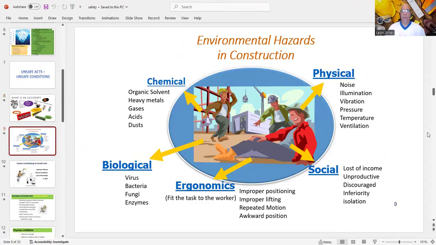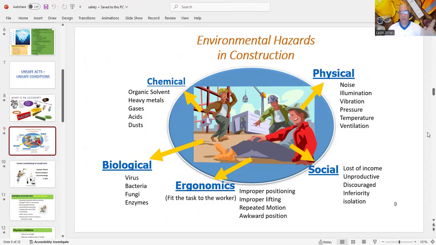Now, environmental hazards in construction. This is big. You have your chemical hazards, which under chemical, you have your organic solvents, your heavy materials, gases, acids, dusts. And under biological, you have your virus, bacteria, fungi, enzymes.